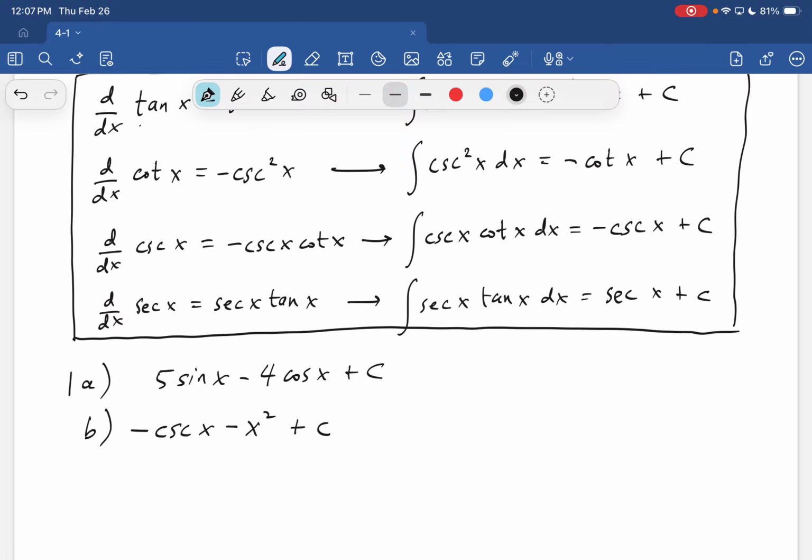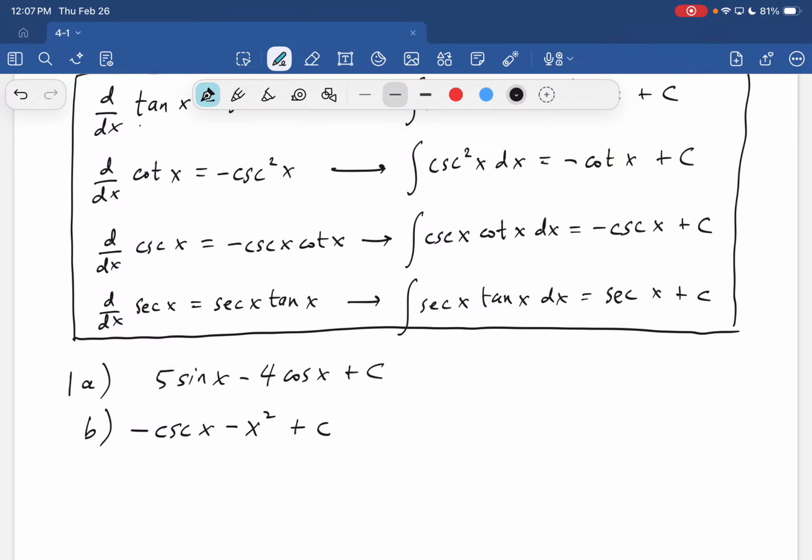Squared is... minus sign goes in regular cosine, right? Negative sign goes to cosine.